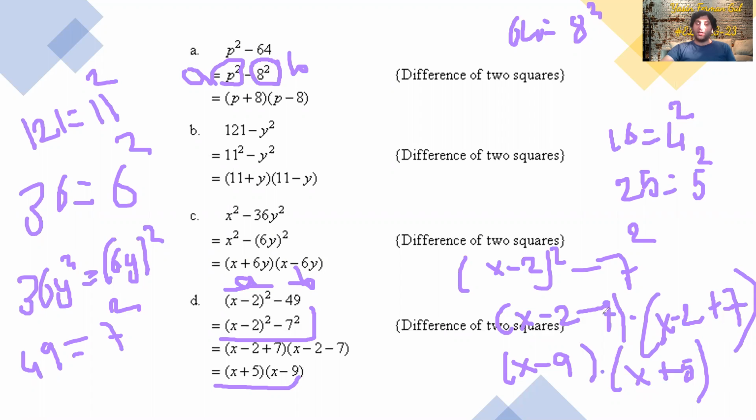So my factors are x minus 9 times x plus 5. You may be thinking it says x plus 5 times x minus 9 here. Remember, there is no difference between saying x plus 5 times x minus 9 and x minus 9 times x plus 5. It's the same thing. It's just a matter of which one you're writing first.